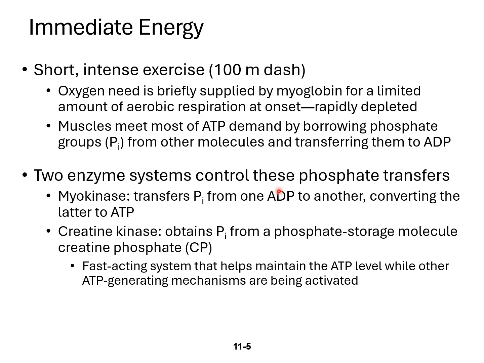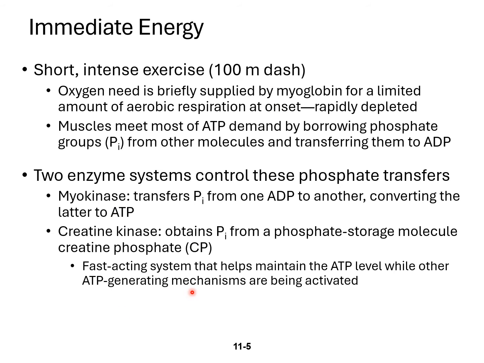Two enzyme systems control these phosphate transfers. Myokinase transfers phosphate from one ADP to another, converting it into ATP, and creatine kinase obtains a phosphate from the phosphate storage molecule, creatine phosphate. This fast-acting system helps maintain ATP levels while other ATP-generating mechanisms are being activated.